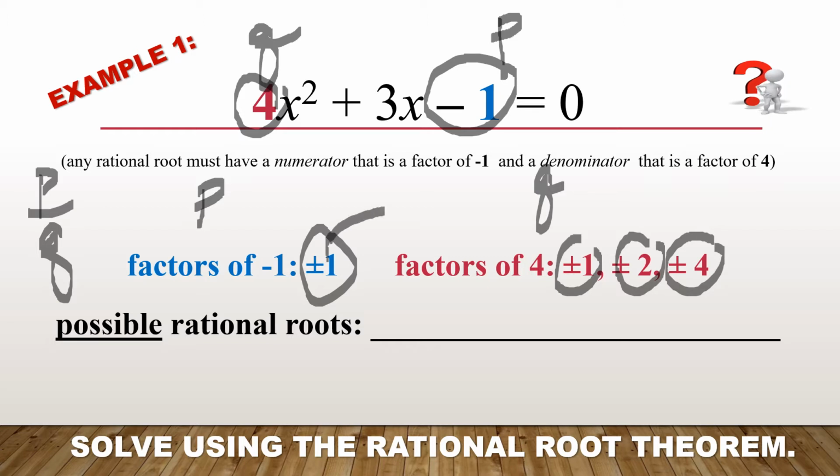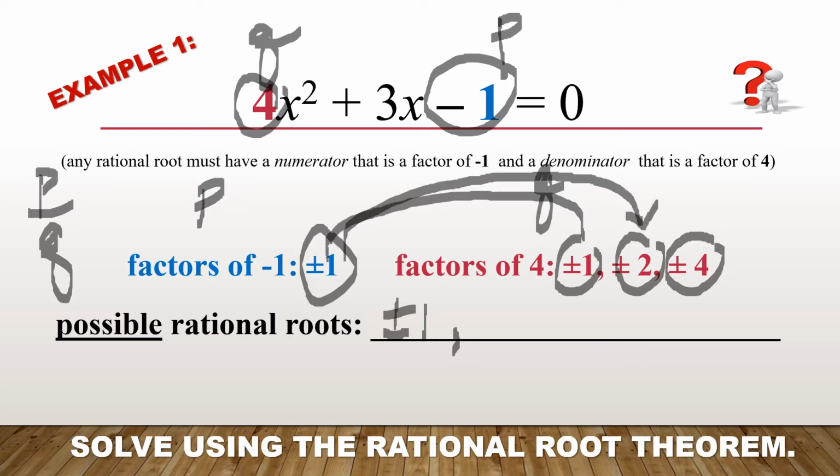Positive 1 divided by positive 1 will still give us positive 1. Next, positive 1 divided by positive 2 will give us positive 1/2. And finally, positive 1 divided by positive 4 will give us positive 1/4.